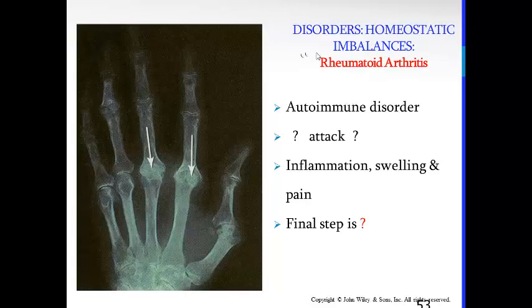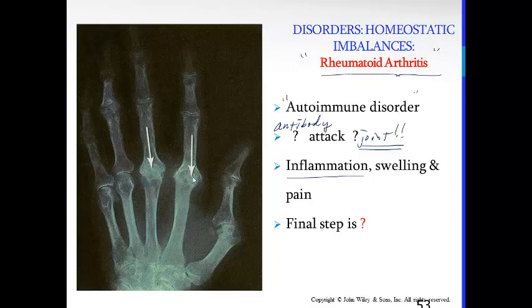Now here is rheumatoid arthritis. You've probably heard of it through a lot of commercials or family and friends who might have suffered from RA. This is actually an autoimmune disease, where your own antibodies end up attacking your joints. As they attack regions of the joints, your synovial region, it causes inflammation, swelling, and pain.